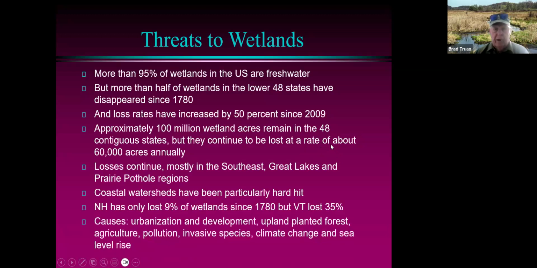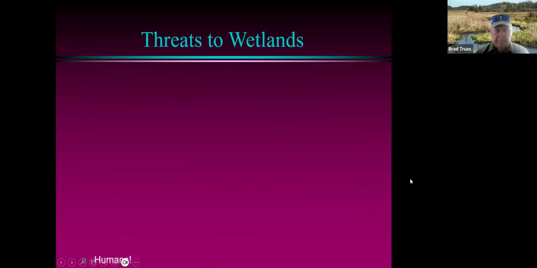And the causes of loss of wetlands are urbanization and human development, upland planted forests, agriculture, pollution, invasive species, and especially climate change and rise in the sea level. And interestingly, 75% of our wetlands are actually privately owned. They're not governmental property. So again, it's important that we all consider what can we do to preserve wetlands.